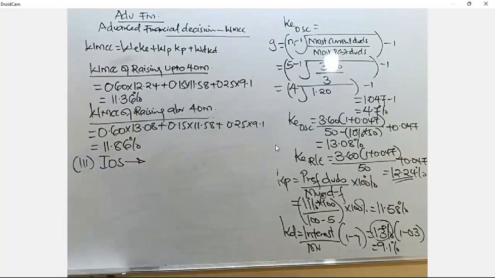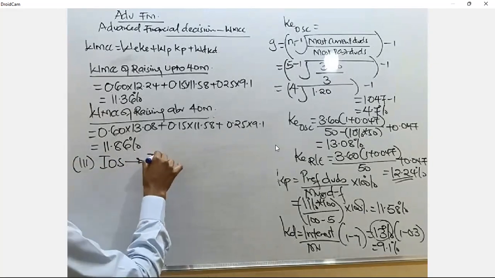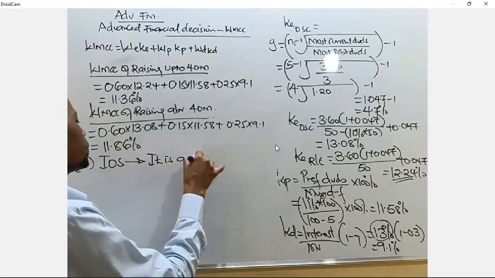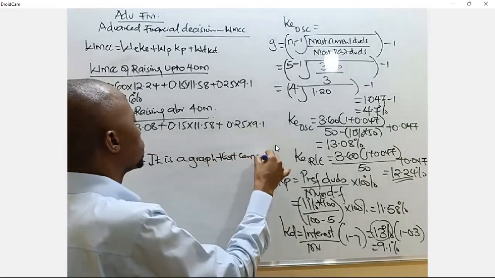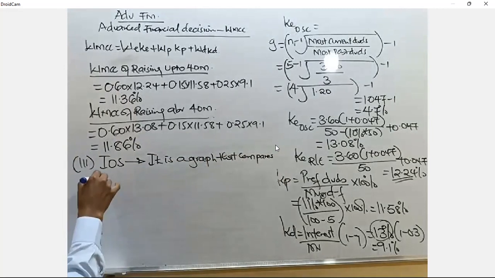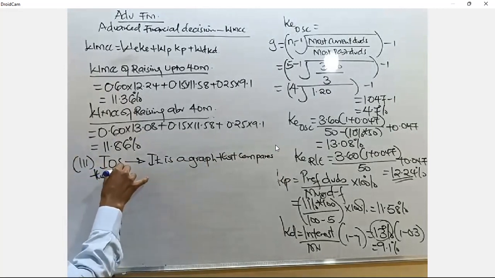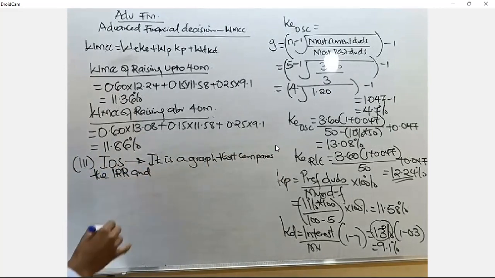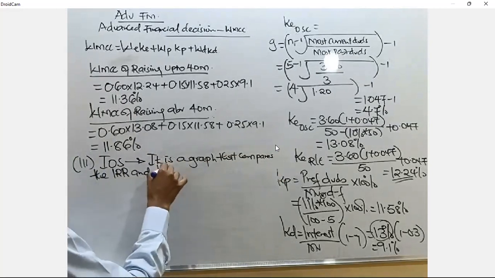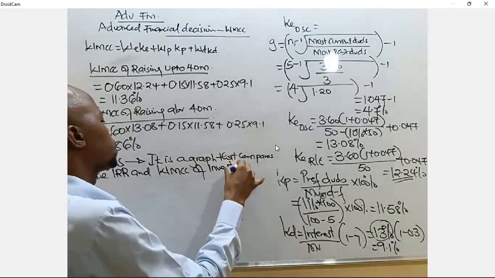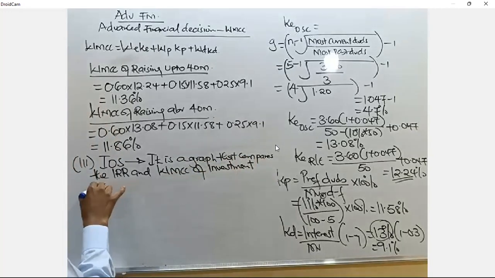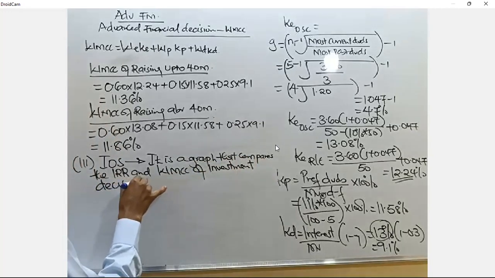We say it is a graph that compares the internal rate of return and WMCC for investment decisions.